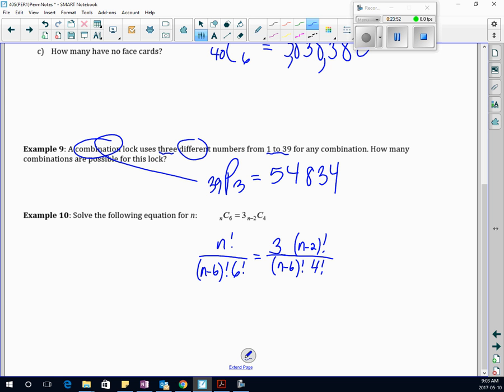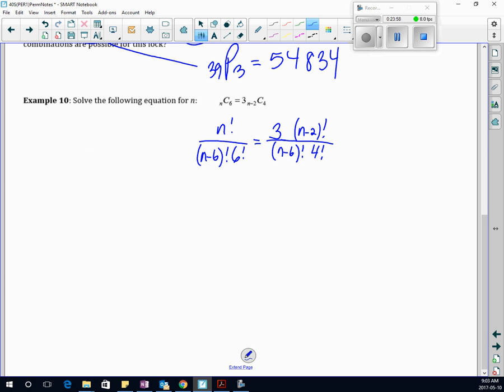Okay, so how are we going to do this? I would get all the n factorials on one side and all the numbers on the other side. This is why cross multiplying better be your friend here. So 6 goes up, this goes down, this goes up.